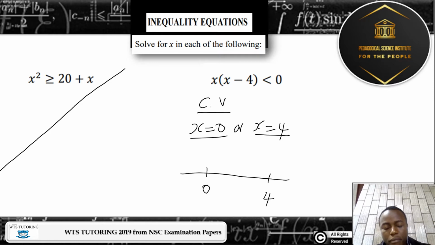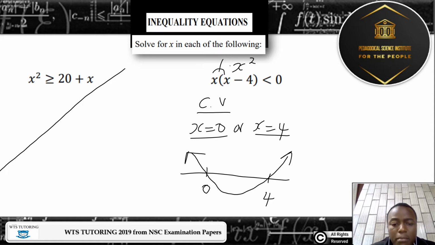Then now you check your value of a from your graph, right? If I were to expand this, I would multiply x, and it will give me x squared, right? So if you check my value of a there, it's positive 1. It means it's a quadratic graph with a smile.